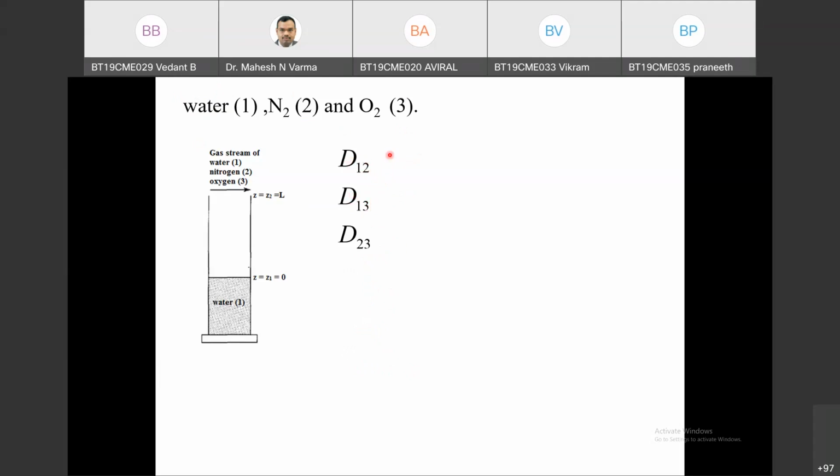Instead of these two different diffusivities, I can use an effective diffusivity that will have the effect of both. There are many arithmetic equations people have proved which can be used to get the evaporation of species 1 into species 2 and 3 when these diffusivities are different.